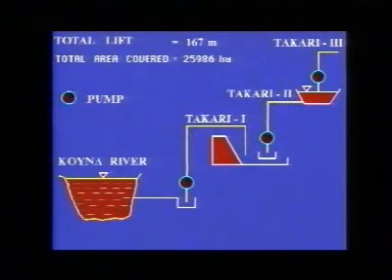From here, it is again being lifted to be delivered to the subsequent stages. Total lift is 167 meter and total estimated irrigated area under this project is 25,986 hectares.